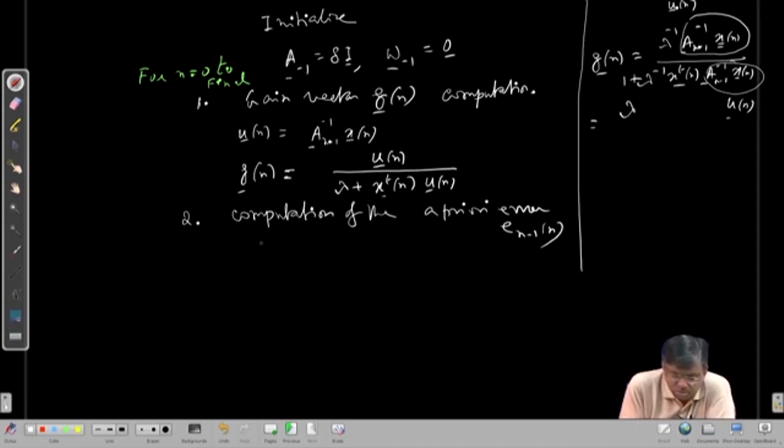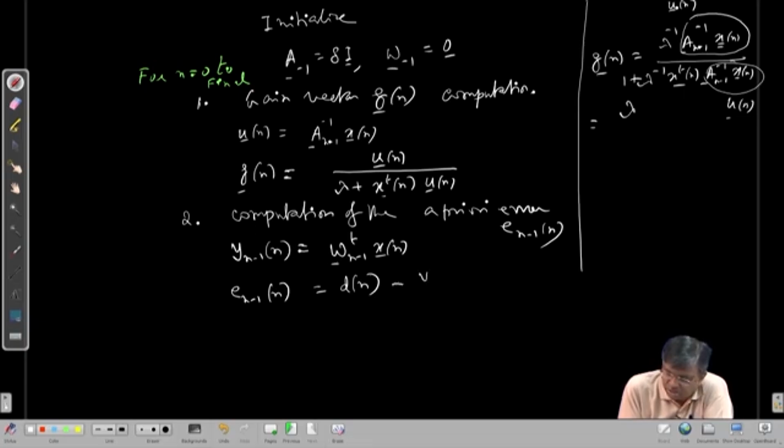For that, we remember we find out this output where we use the current data vector, but the filter coefficient vector we use is obtained by taking data up to the previous clock, up to n minus 1th. So I am at the nth clock, I am still using the current data vector only, but using the filter vector of the previous index. And then this error is nothing but the current desired response minus this output.